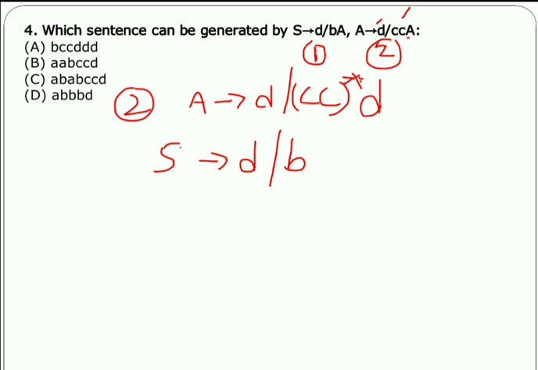So we can replace the A with D. So D or BD, or we can replace the A value with (CC)* D. So we will replace (CC)* D. So here in the given options, option A will follow here because BCCD is given in here, right? So that's why A is the correct answer.